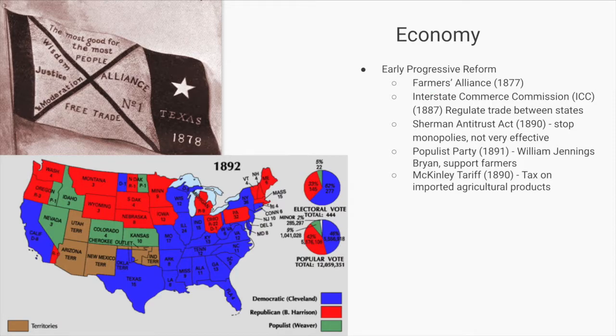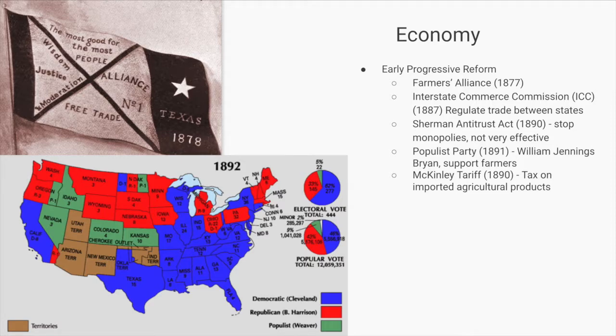And they're trying to help out farmers, okay? You should also know about the Interstate Commerce Commission, the ICC. This is the first time that the federal government is going to step in and say that the feds regulate trade between states, okay?